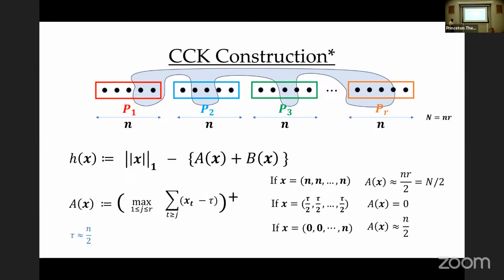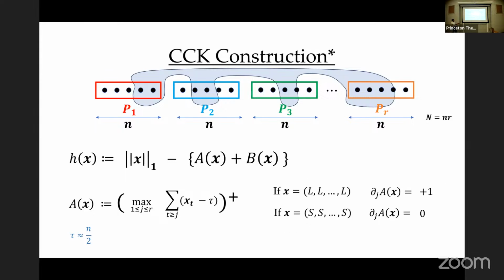So that's A. And B, do I go to B already? Oh, no. So this is just saying that if all the x's are large, then A acts like just a linear function, so all the marginals are 1. If all the x's are small, then these are negative, and until I'm at the border, I don't cross anything, so every marginal is 0.